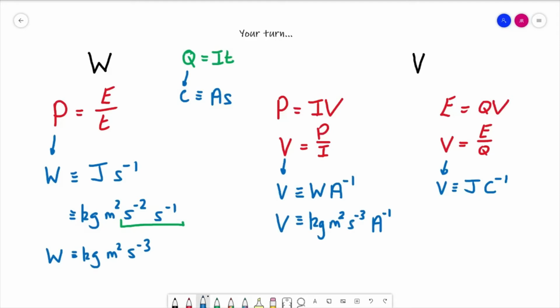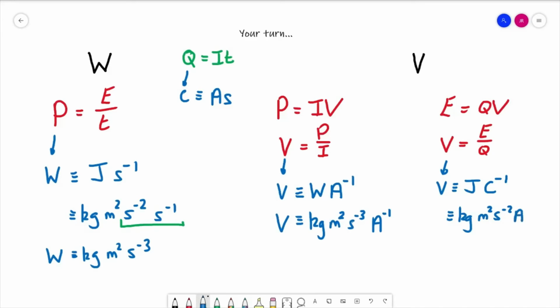When we come back over to the volt then, well, joules, once again, we know, and we've seen a couple of times before now, is kilogram metre squared per second squared. And we're now going to divide that by the unit for coulombs. Now, when we divide it, we need to put a -1 on both the amp bit and the second bit.